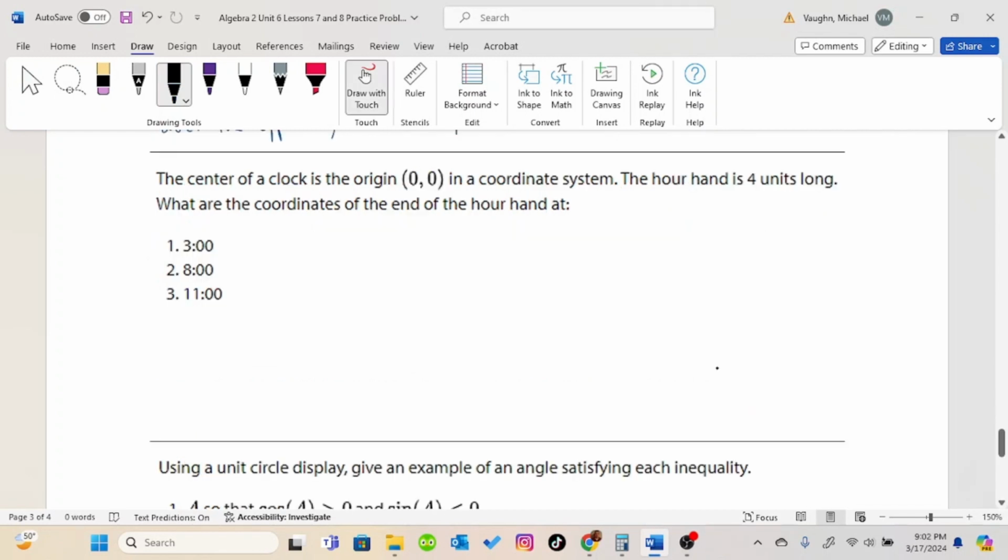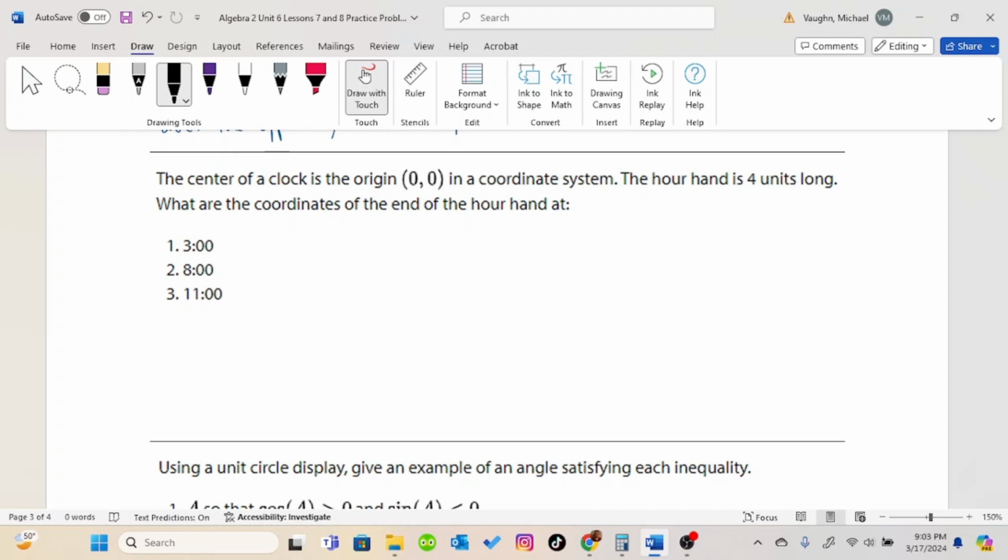The center of a clock is the origin, 0, 0, in a coordinate system. The hour hand is 4 units long. What are the coordinates of the end of the hour hand at these 3 times?